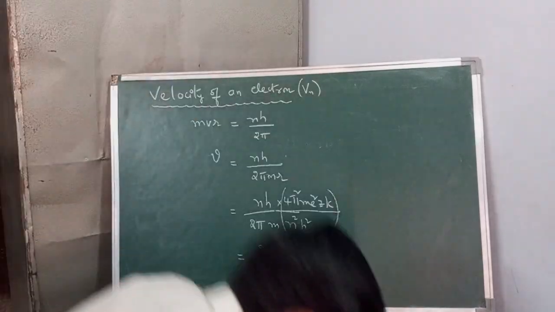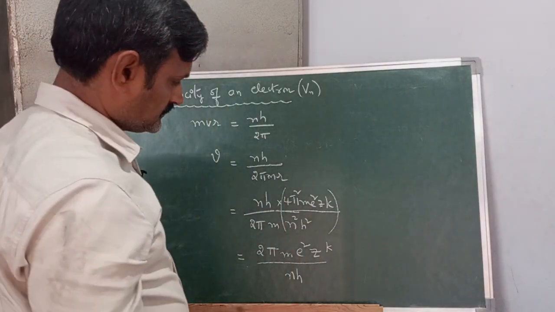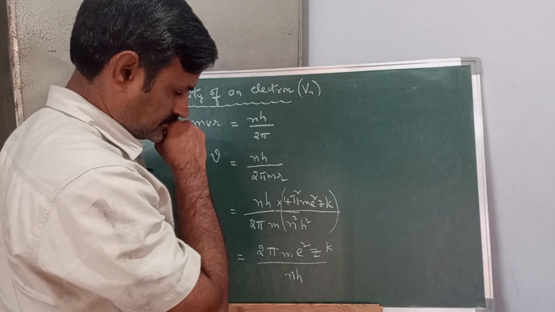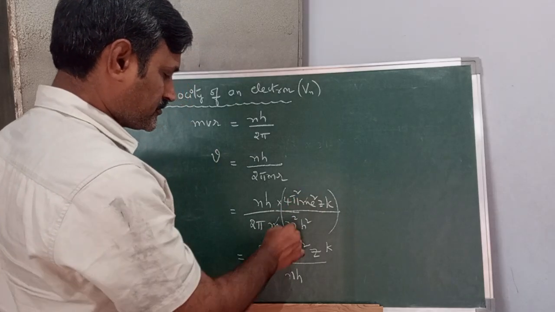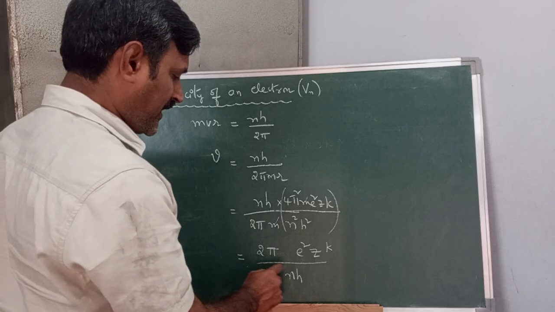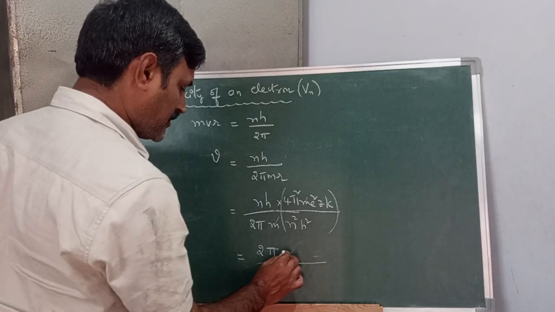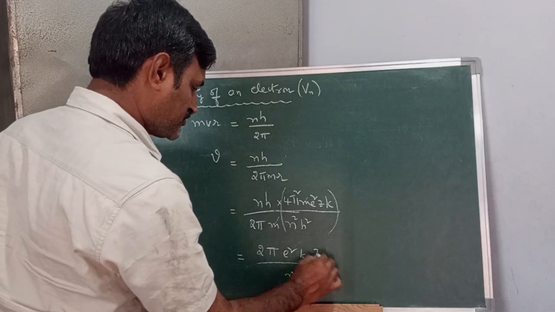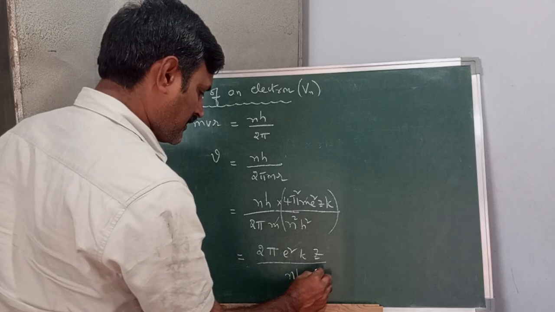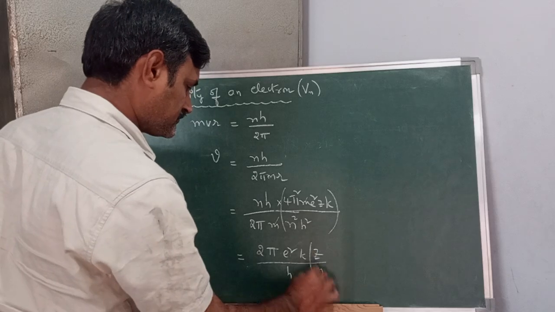Once you observe this formula, in this m also got cancelled. So what we get is 2 pi into e square into z into k, divided by n into h.